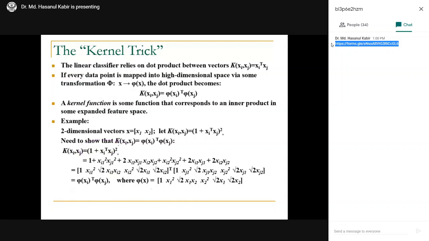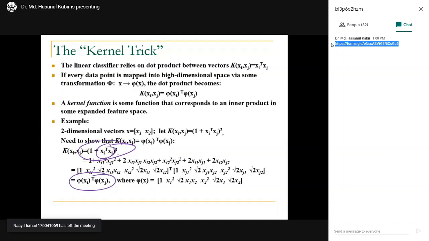That means this is the same as computing this. So if I compute this, is it expensive? No, sir. Why not? Because we simply have to compute a simple dot product between x transpose x, add 1 and then take the square. So the computation is simple, but it is giving the same value as computing phi transpose phi.